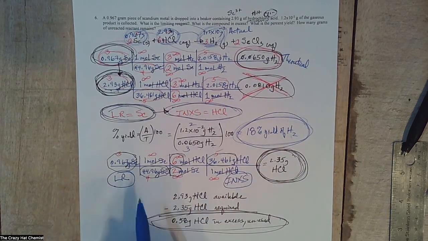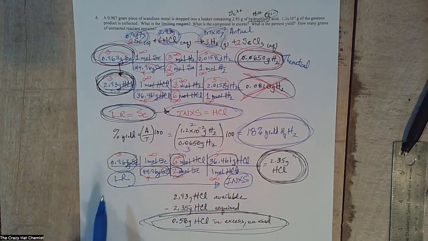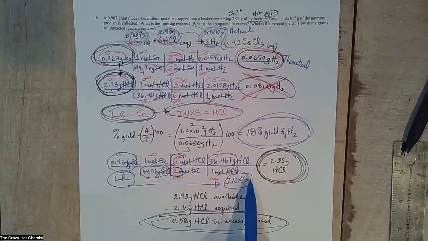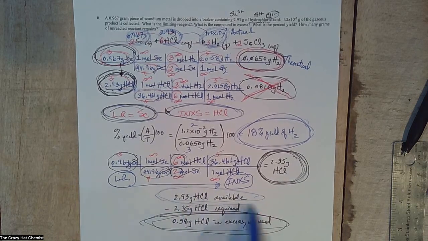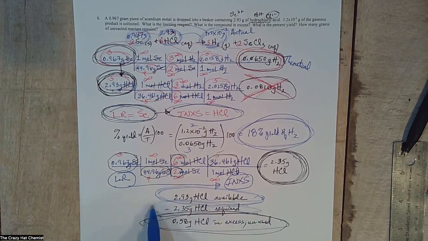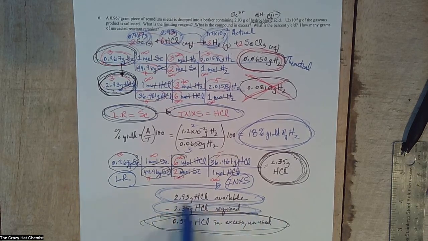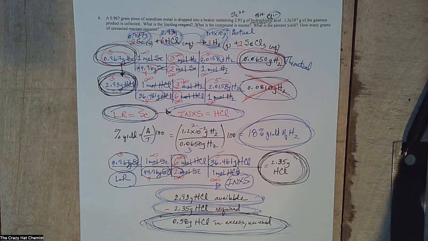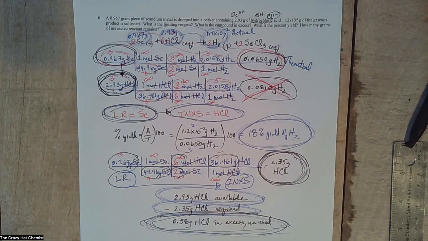That is this step right here. Then I write down how much I have available, which is given in the problem, subtract out the amount that is required or used, and then I have the amount that's in excess, that is unused. All right, I think that is a wrap for this entire worksheet.